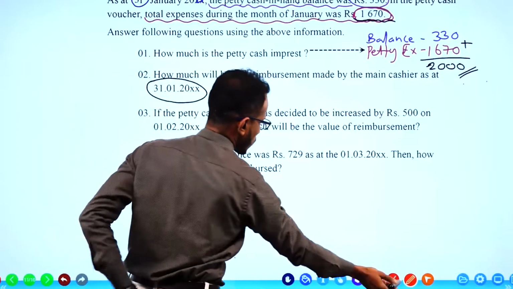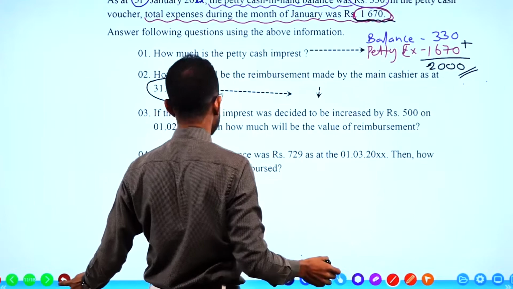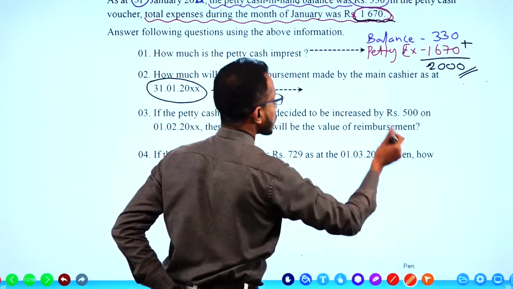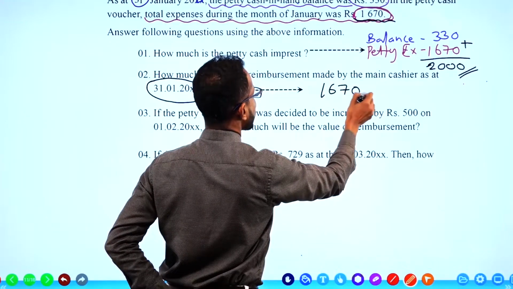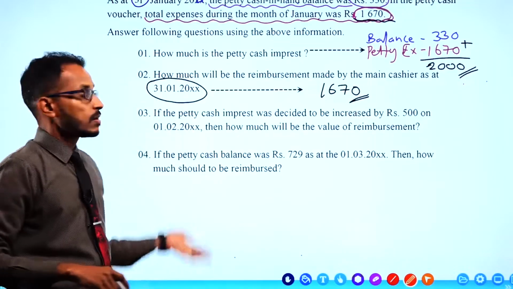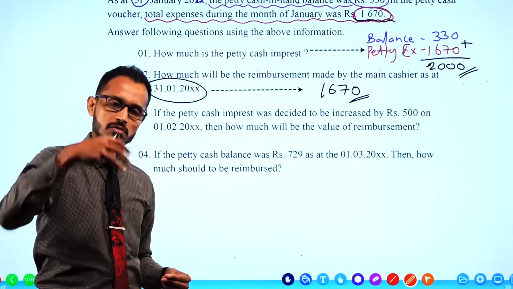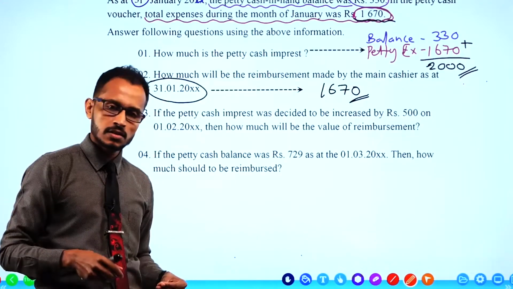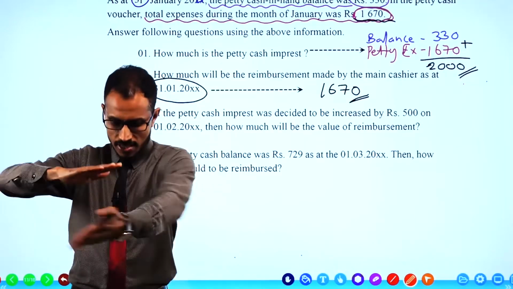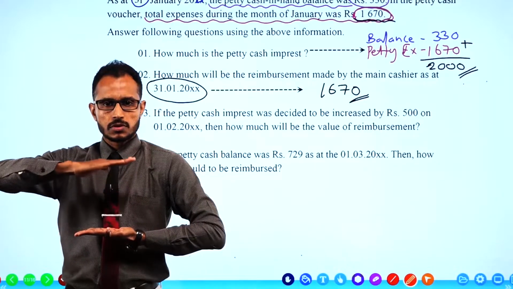$1,670. Got it? Why? The amount which was spent should be given back, should be refilled to get the imprest back to the original amount.